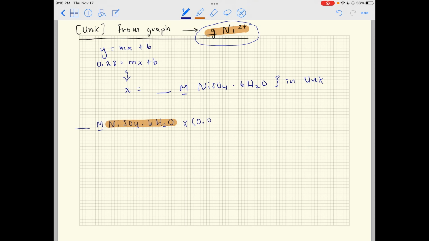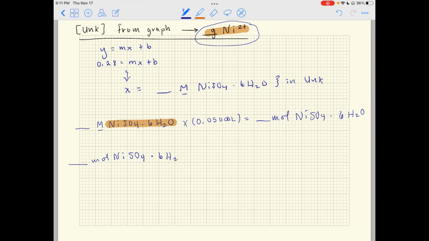And so 50 mL would be 0.05000 liters. And that's going to get us to the number of moles of nickel sulfate hexahydrate. Because again, when you walked into the lab, you had a certain amount of the unknown, the green solution that was in there, and then you had to dilute up to the mark with DI water. Now we finally have the number of moles of nickel sulfate hexahydrate.